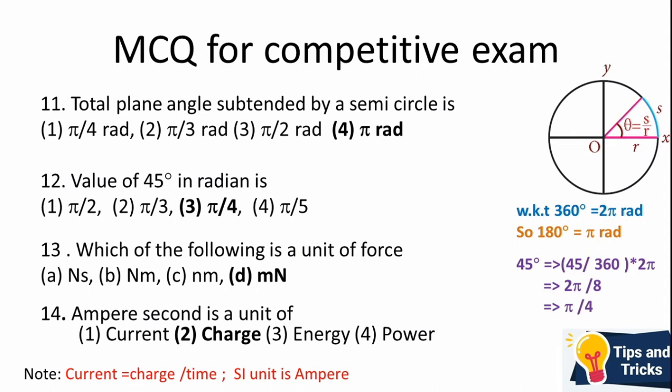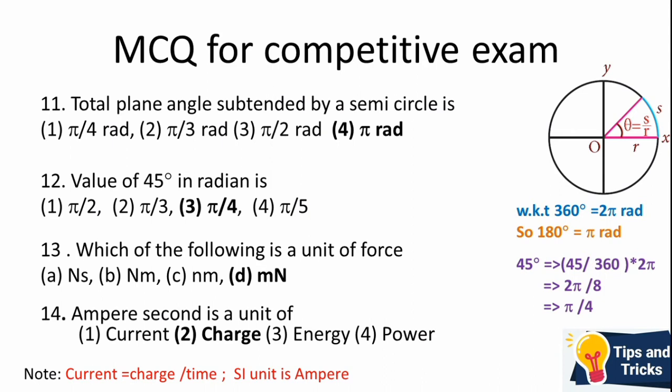So the conversion factor for a complete circle is 360 degree is equal to 2 pi radians. For a semicircle, we have 180 degree is equal to pi radian is the conversion. So the correct option is option 4, that is pi radians.